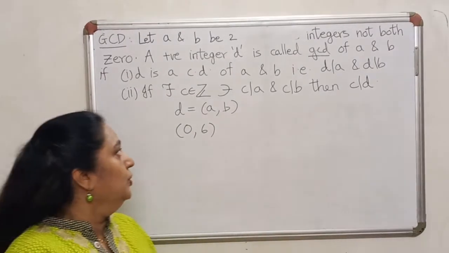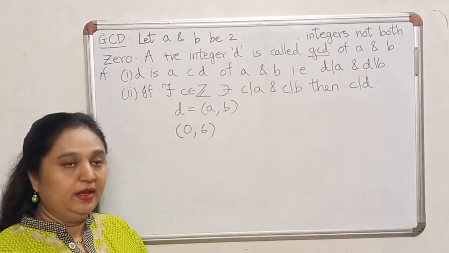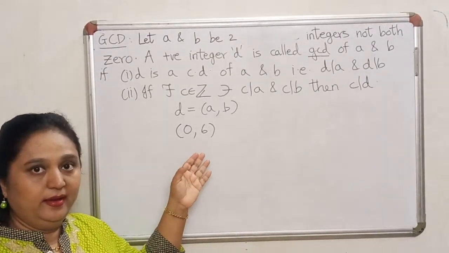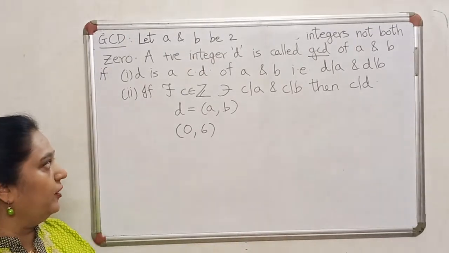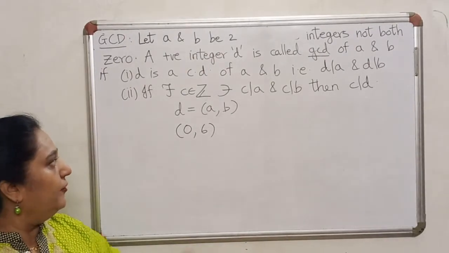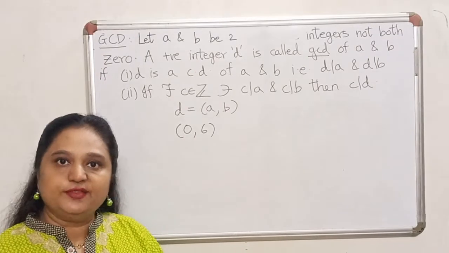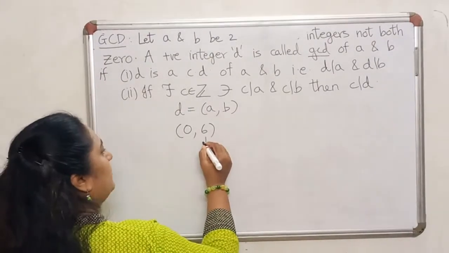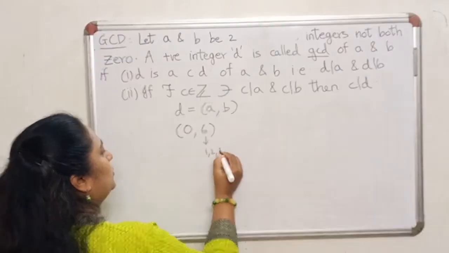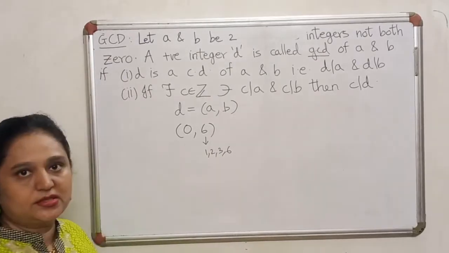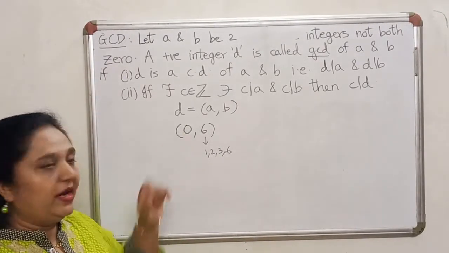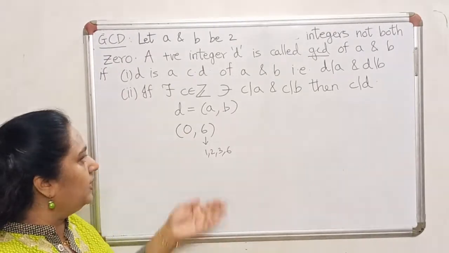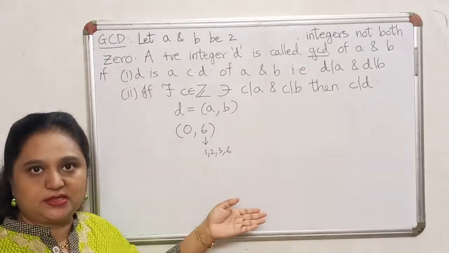Okay. So I'm hoping you have given it a try and you have come up with some answer. Let's see what kind of an answer you have got. First look at the positive divisors of 6. Positive divisors of 6 are 1, 2, 3 and 6 of course. Now every integer divides 0. So what would be the common divisors of 0 and 6?